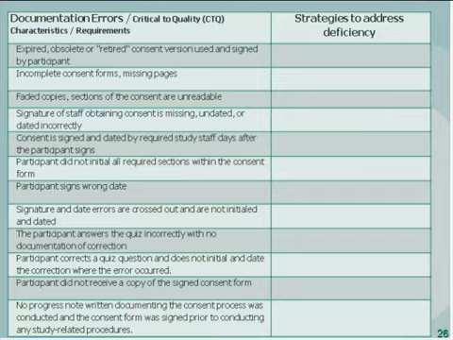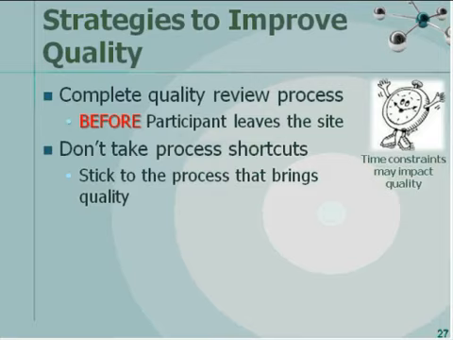One was that we have a QA process in place before the participant leaves the site. At our site, we try to have that happen with another study member who is aware of it. So anytime we have a participant consent, we have them take a second look at that consent. And we try at our site not to make process shortcuts, because we find that when we're under a lot of stress or when the situation is busy, sometimes these shortcuts lead to bigger problems because you're moving too fast.